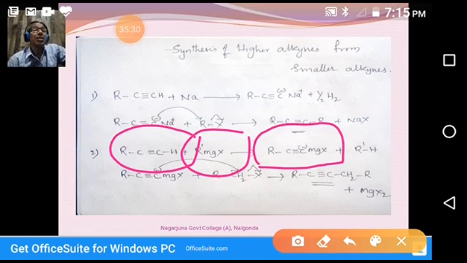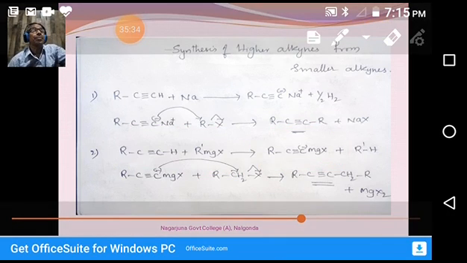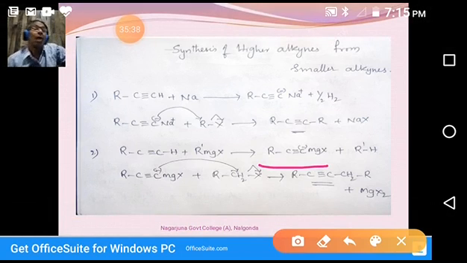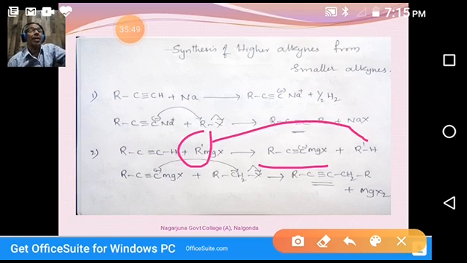So you see, this is a new Grignard reagent, alkynyl magnesium halide. In the same step, this R is converted into an alkane, RH. This is also proof of the acidic nature of our alkyne.